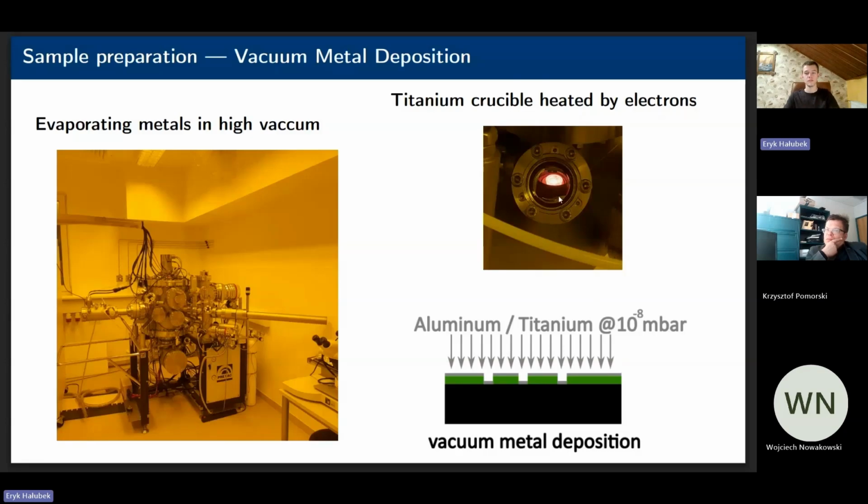But this crucible is constantly heated, so the layer is forming everywhere inside of the chamber, except for your sample, because the shutter is closed. So when you apply these 5 nanometers and you want to continue, then you open the shutter and you let the atoms flow again.